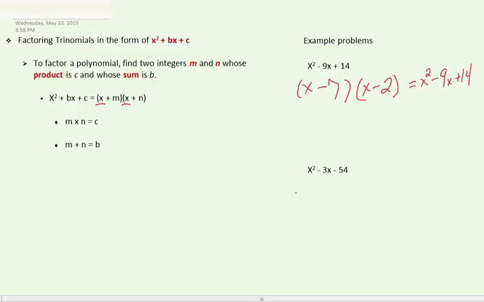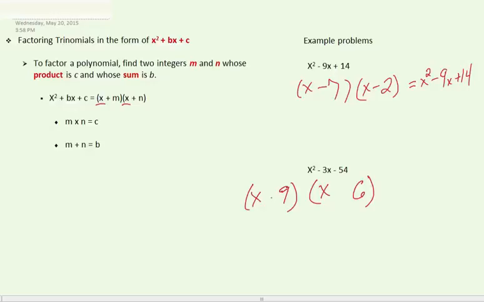In our second example problem, we have x squared minus 3x minus 54. Once again, let's write our two brackets, with x as the first term in both brackets. Now we have to find two integers that multiply to negative 54 but add to negative 3. We know that 9 times 6 is 54, and since 54 is negative here, one of our numbers is going to be negative and one positive.